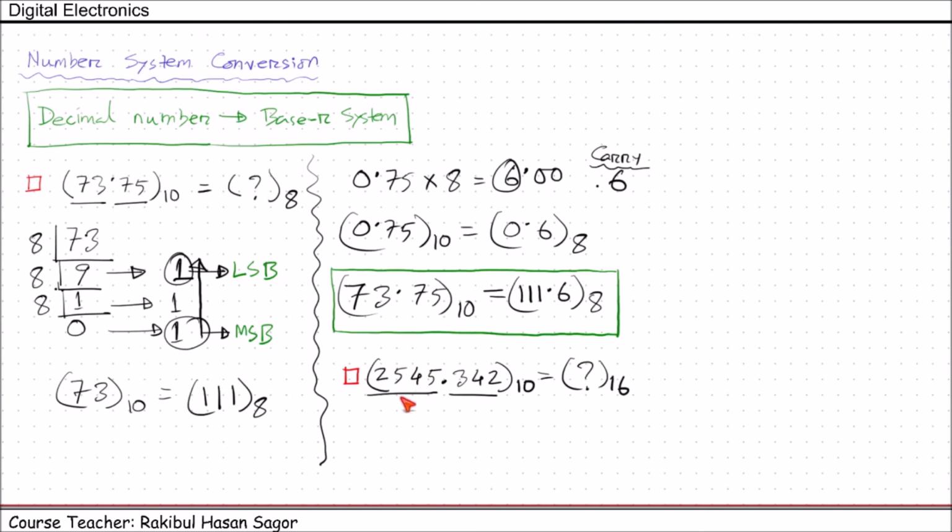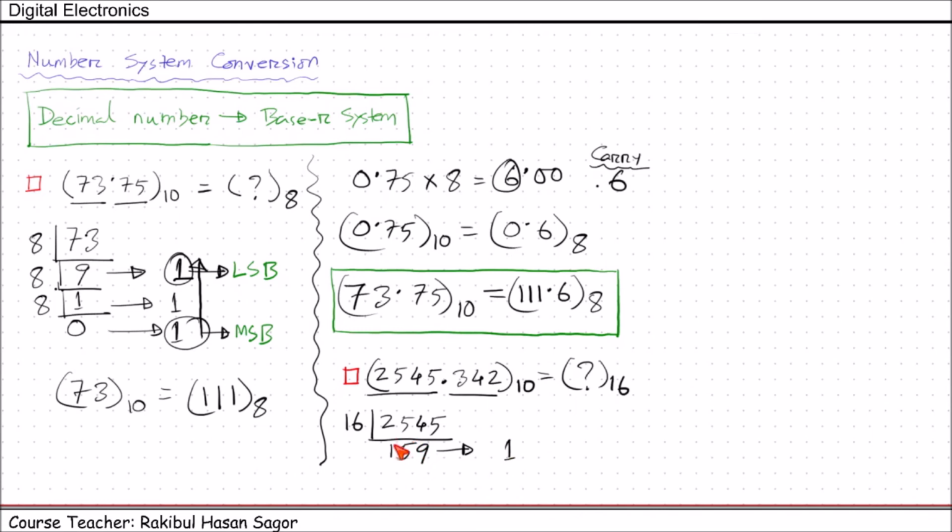Let's deal with integer part first. 2545. As our targeting base is 16, we need to go for successive division by 16. The first result is 159 and the remainder is 1.